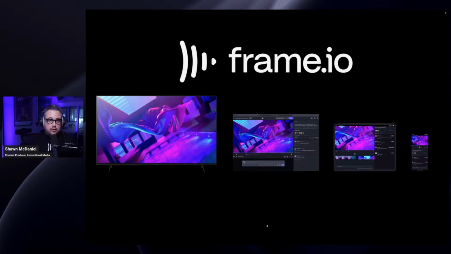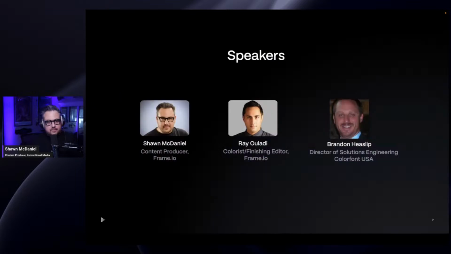But we also support Final Cut Pro and Resolve as well. So we have integrations with those two other applications to make your process nice and easy. We've also got some camera to cloud options as well, which I'm not going to cover too much here at the beginning, but as we go along, that may come up in our discussion.